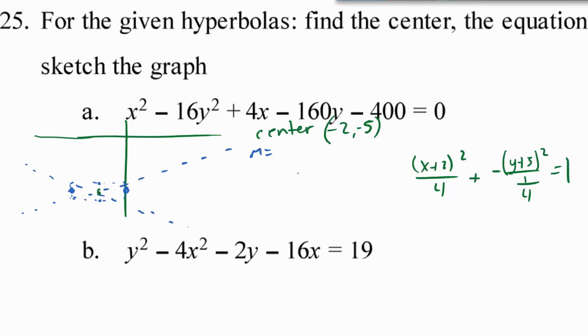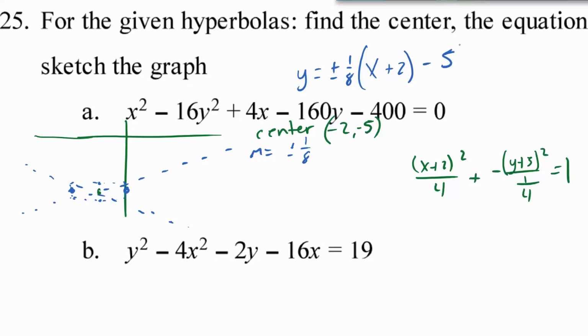So 1/2 over 2, which is actually going to be 1/4 plus or minus. So then the equations of my asymptotes should be y equals plus or minus 1/4, and then we just put in our center point, x plus 2, minus 5. There we go, equations of the asymptotes.